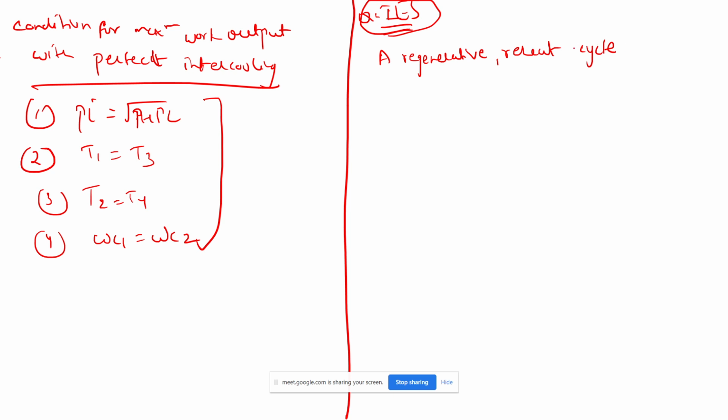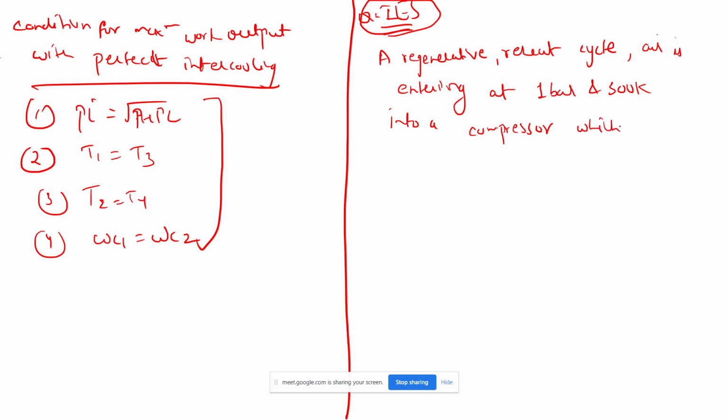In this, air enters at 1 bar pressure and 300 Kelvin temperature into a compressor which has intercooling between two stages.